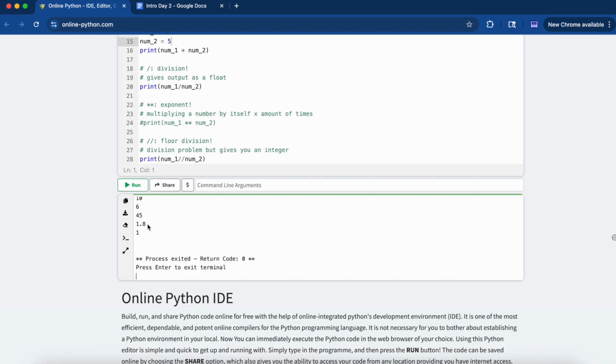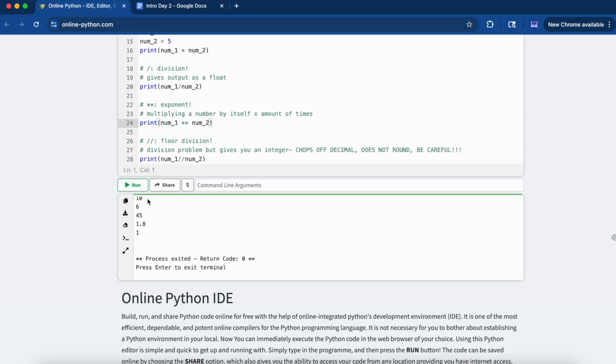It doesn't even take a look at it. So it could be 1.999999999 forever and ever, and floor division will still tell you that that is a 1. So you've got to be really careful with floor division. So let me finish my definition here. Division problem, but gives you an integer, chops off decimal, does not round. Be careful.